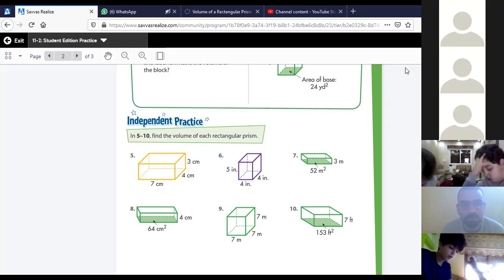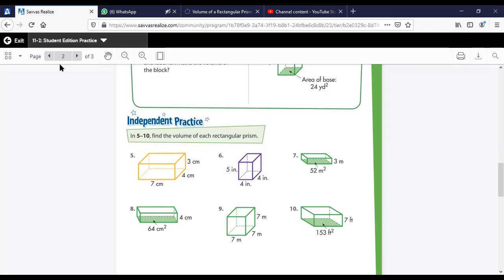You're solving number 6. So 4 times 4 times 5 equals 80. Yes, 80 inches cubed. Excellent.